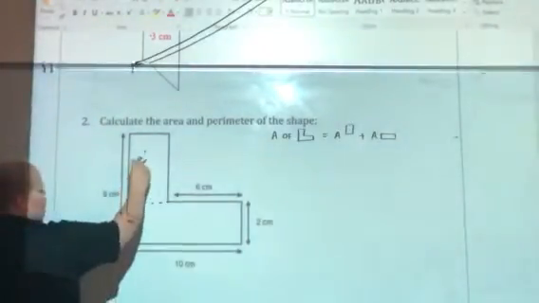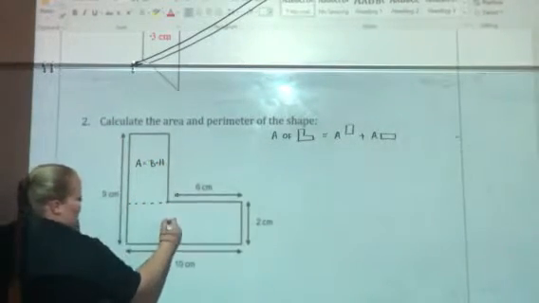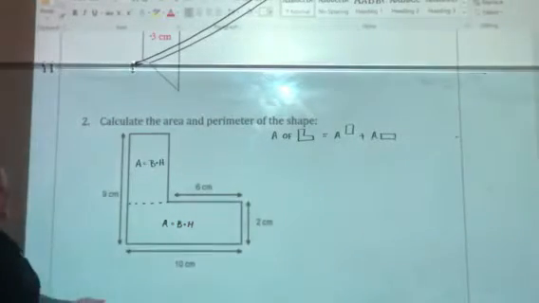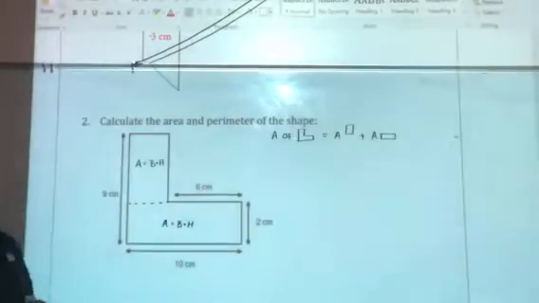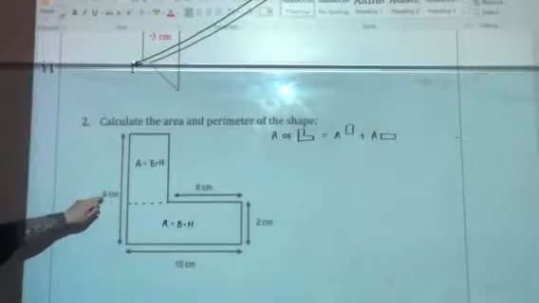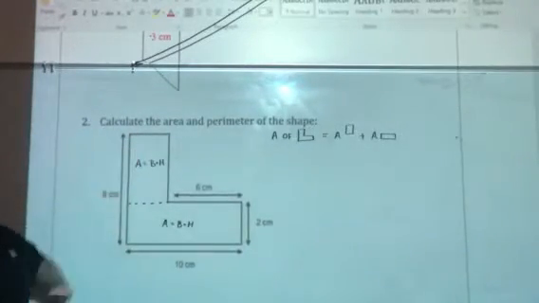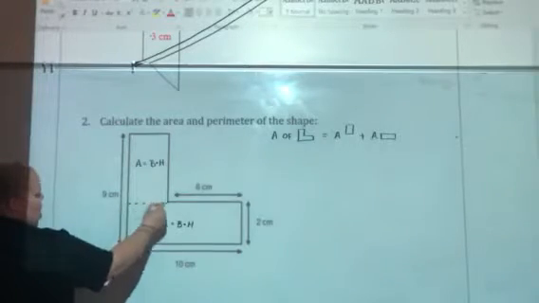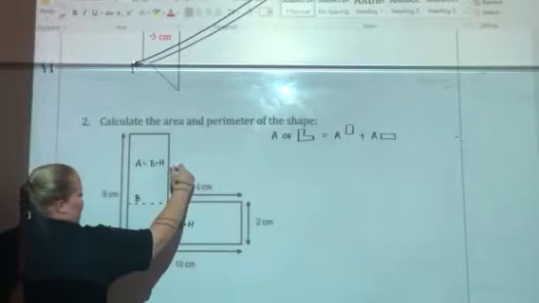So I know that area is going to equal base times height for both of these because they're rectangles. I just have to figure out what the base and height are for this piece and this piece on their own. So let's start up here at this top part. The area of this rectangle, we have to find the base and we have to find the height. Well, let's look at this. We'll call this the base. So this will be our B and this will be our H.